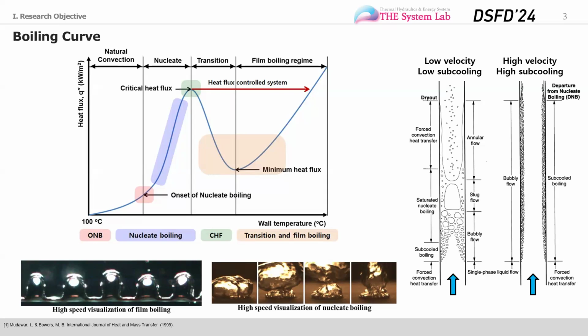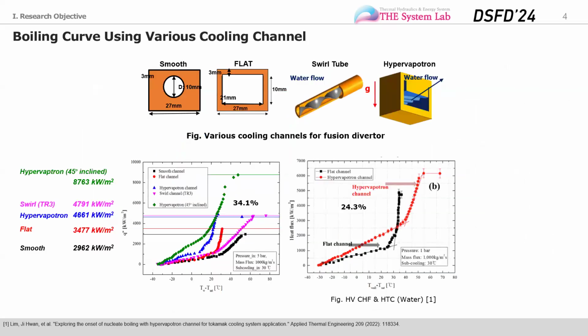This boiling curve can be changed by various parameters, such as the coolant condition, the species of coolant, and the cooling channel configuration for flow boiling phenomena. This full cooling channel is used for fusion applications, and our research group has conducted experiments with it, and we can draw this boiling curve.